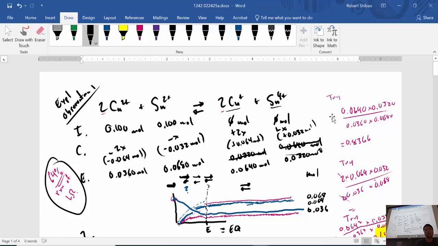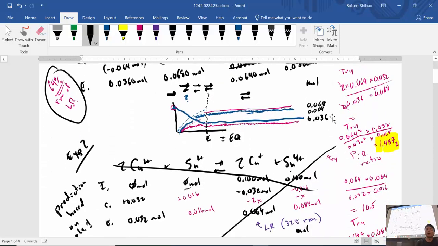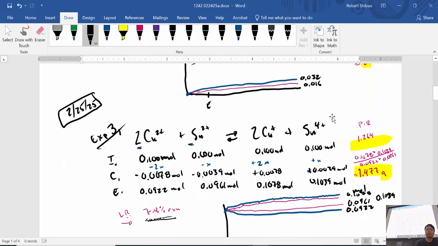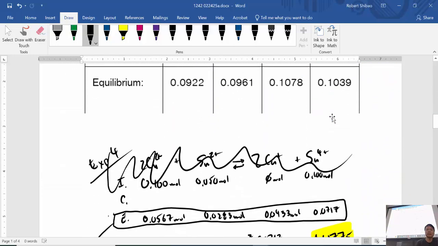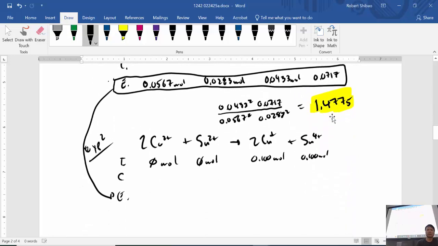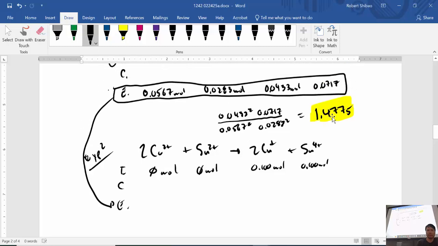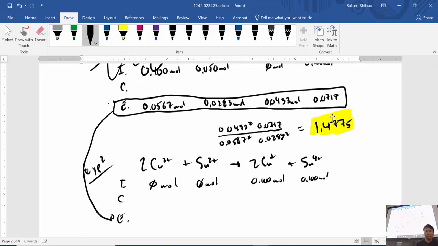So if we go back up here, look at the first one. Yeah, it's a minus 2x, minus x, plus 2x, plus x. And then we just figured out what x is, correct? That's one way. However, if we look at the second reaction, let me finish this table here, 0.0567 moles.